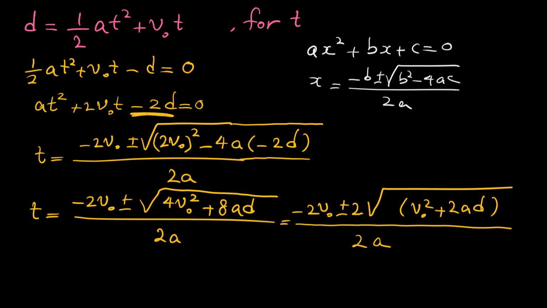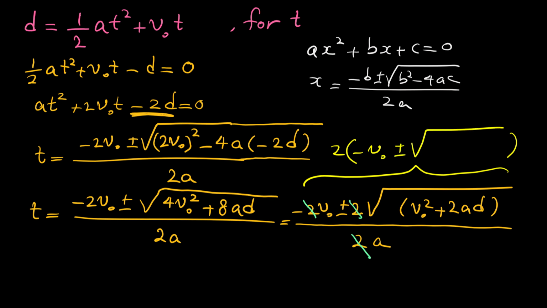If we do that, then these two and these two cancel. So from these two terms we have to factor a 2. Then inside the bracket we have negative v0 plus minus radical v0 to the 2 plus 2ad. Then we cancel basically these two which are outside with these two. This is what's happening here.